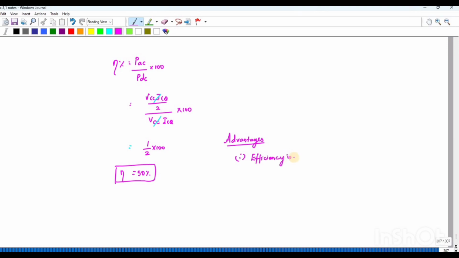Efficiency is high. The second one is impedance matching. Because we are using a transformer, impedance matching is possible. The third point is that wastage of power is eradicated.